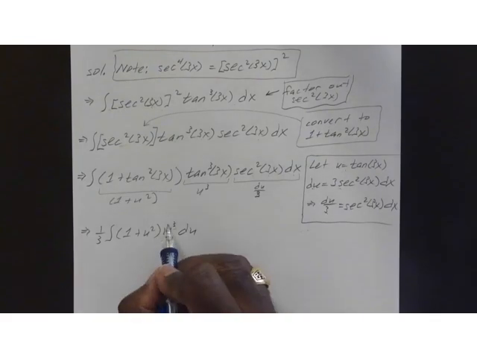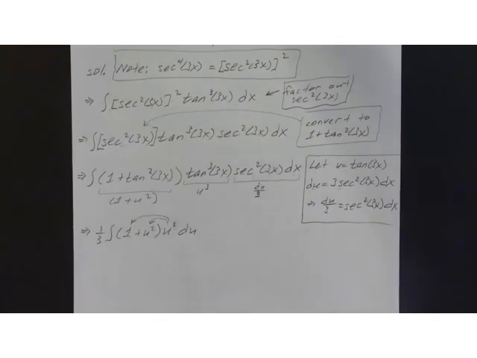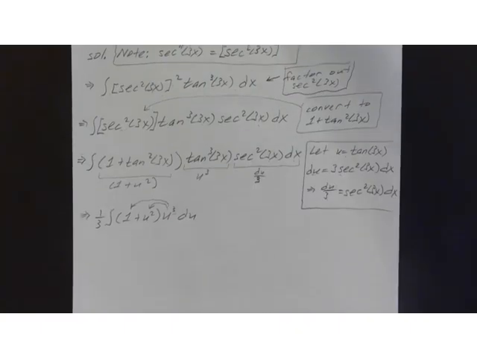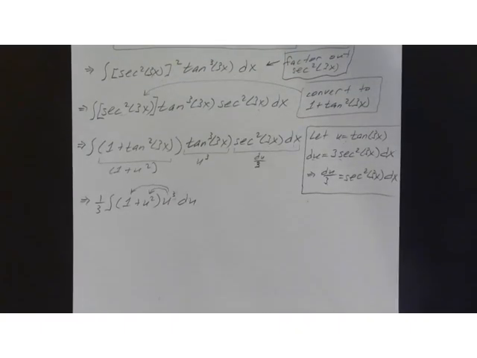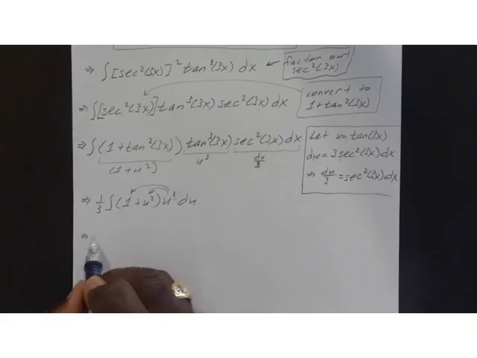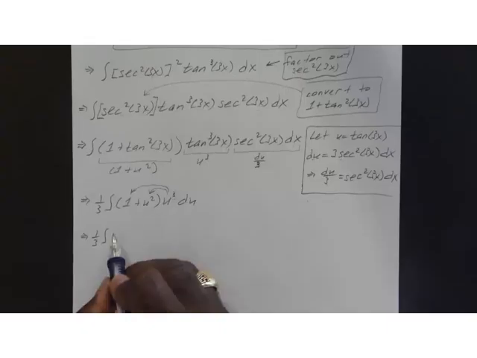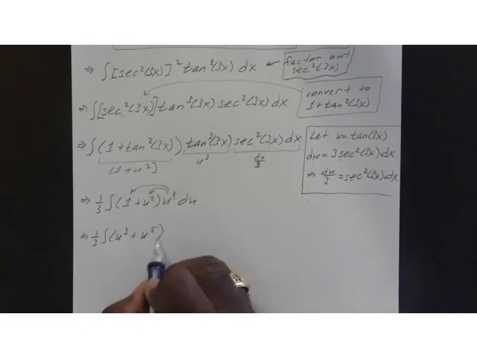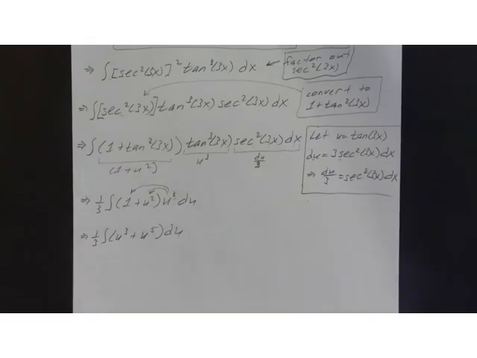So now all we have to do is distribute that u to the third power. So that gives us 1/3 times the integral of u to the third power plus u to the fifth power with respect to u.